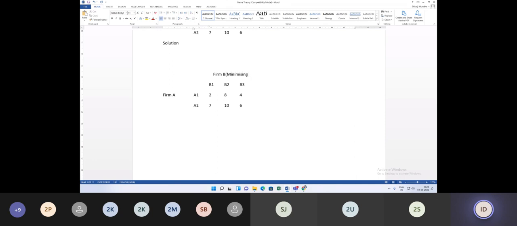Here, the player B is the minimizing player, and firm A is maximizing.